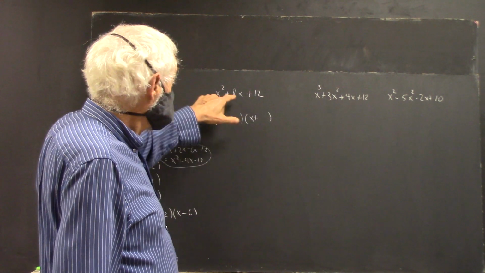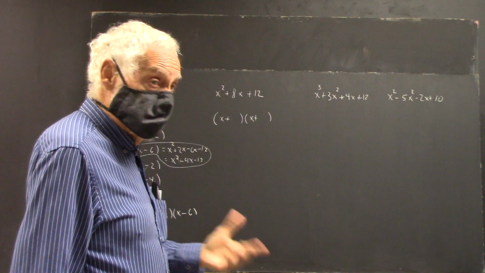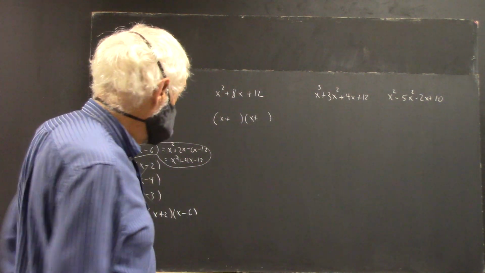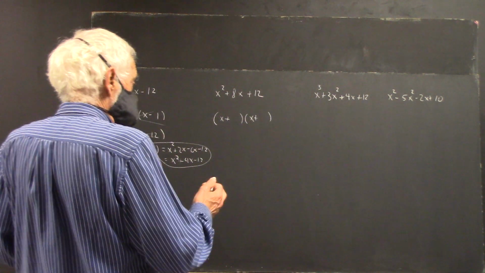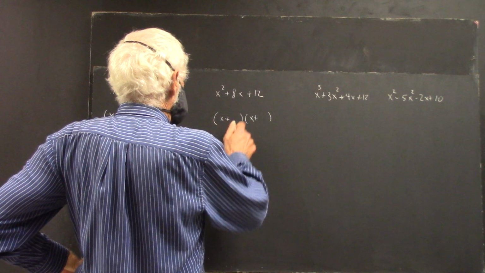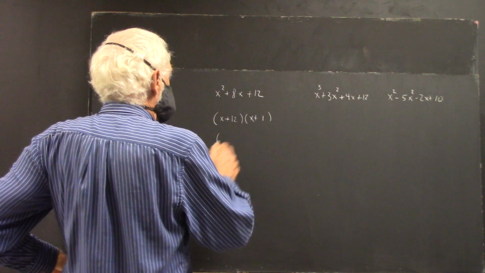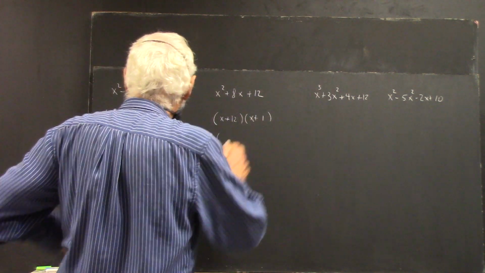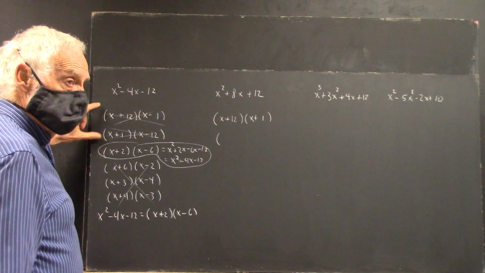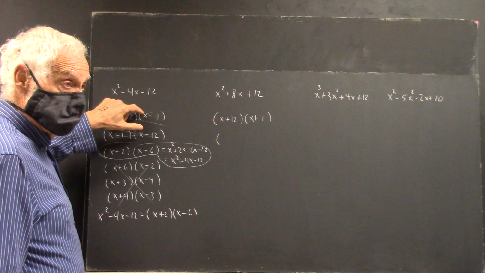If they're both negative, you get a negative here. If you work in these problems, you understand how that works.